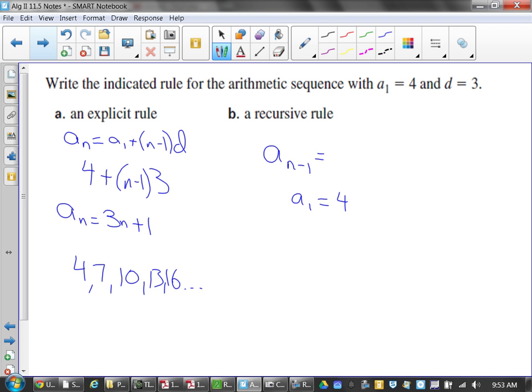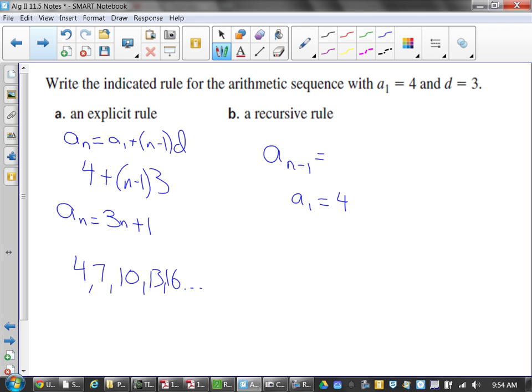Whether you wind up with a geometric or an arithmetic sequence with recursive, you always, always, always want to write it up in terms of that to start with. Okay? What's that? I was saying, so it's always a n minus 1? Yes, it's always going to be the a sub n minus 1.